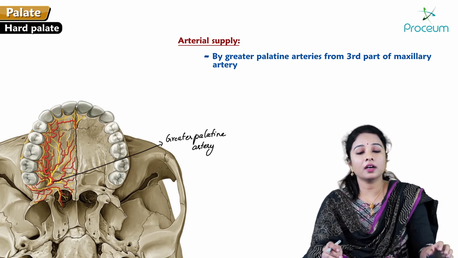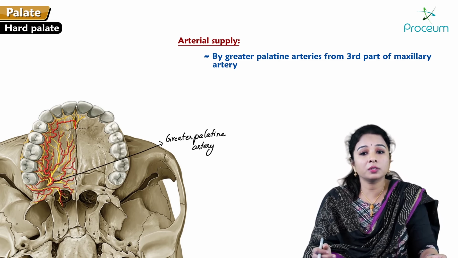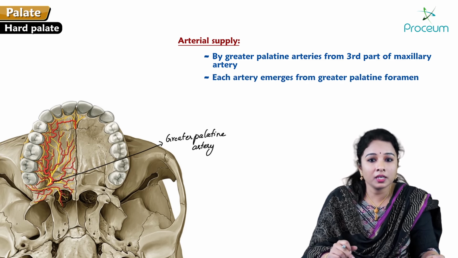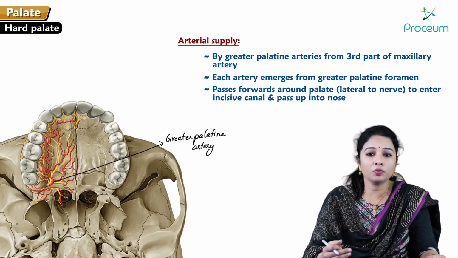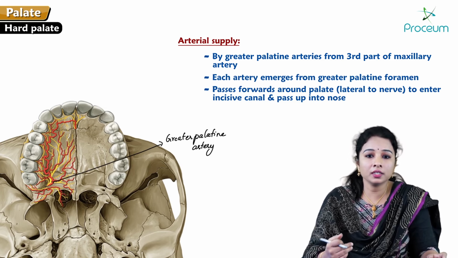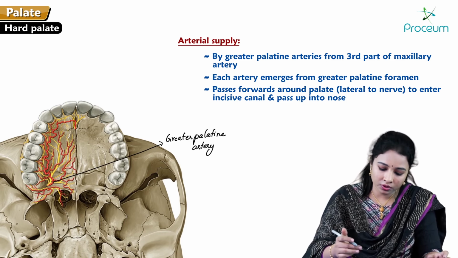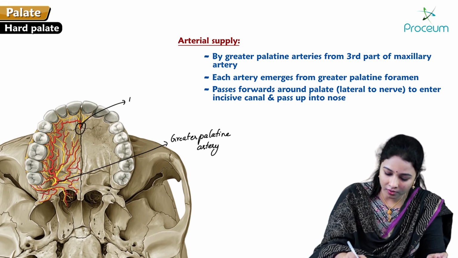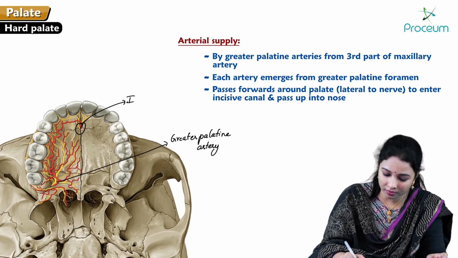Each artery emerges from the greater palatine foramen and passes forwards around the palate lateral to the nerve to enter the incisive canal and pass upwards into the nose. So, here we can see it entering the incisive canal, into the incisive fossa.